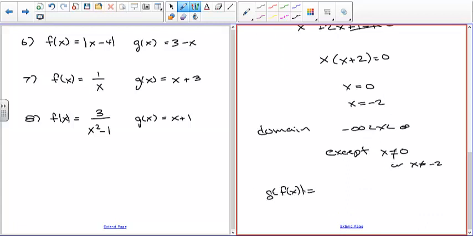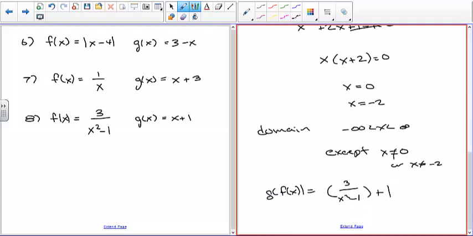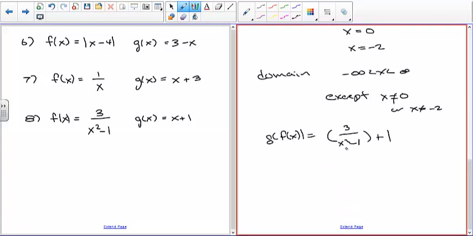So g of x is x plus 1, but instead of x, we use f of x. So we get 3 over x squared minus 1. So the domain of this expression is going to be the same as the domain of f, because what causes this function to not exist is for this part to go to 0.